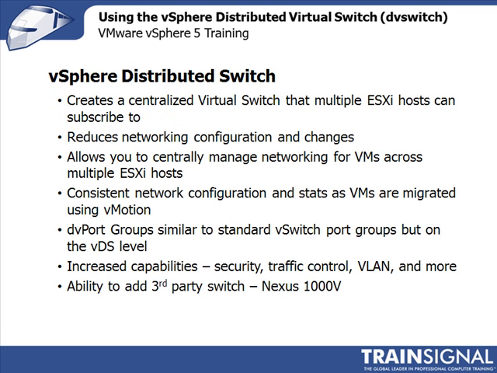What the vNetwork Distributed Switch does is take the best of the standard switches and centralize it. The problem with the standard switch is that it's isolated, or limited to the ESX host that you're working on. So if you have 10 ESX hosts in your cluster, you have to take all the configurations you've done on the first one and replicate those changes across the other 9 in order to get a standard networking configuration, so that features like vMotion can work properly.